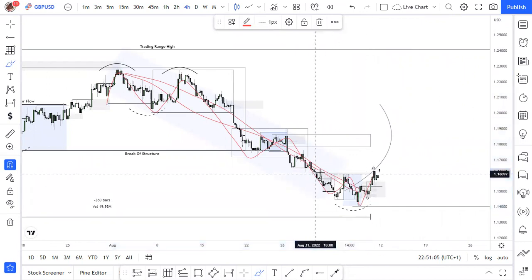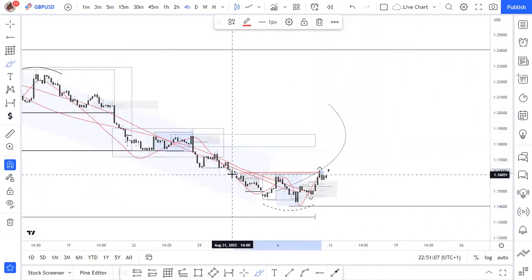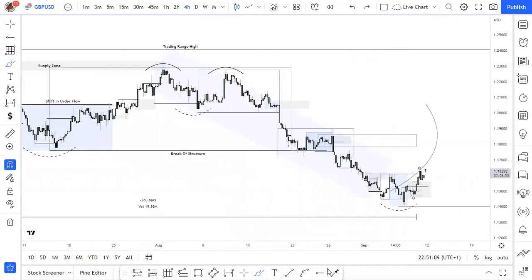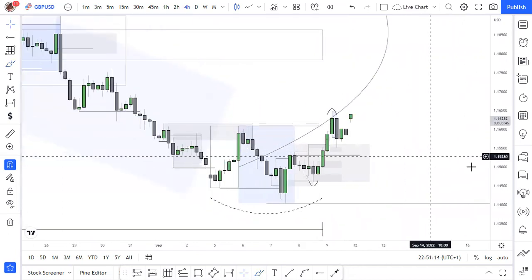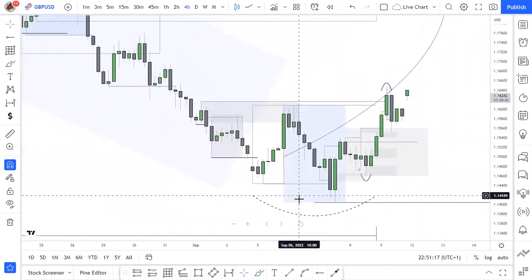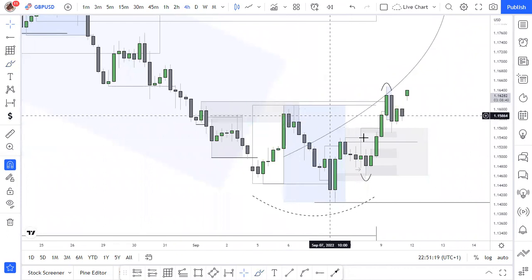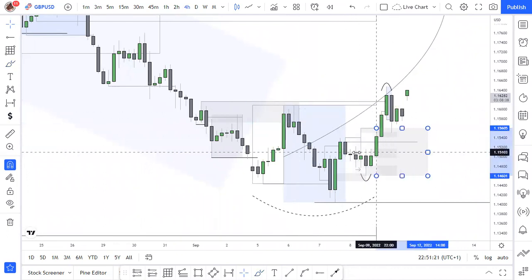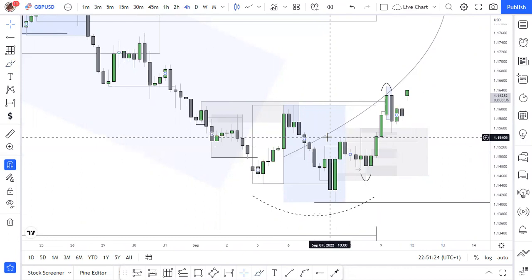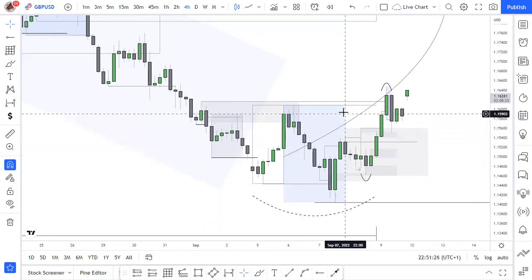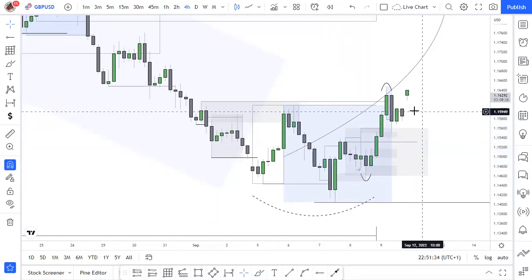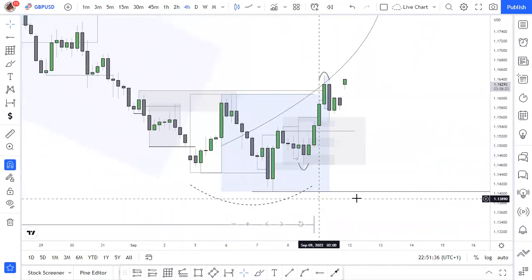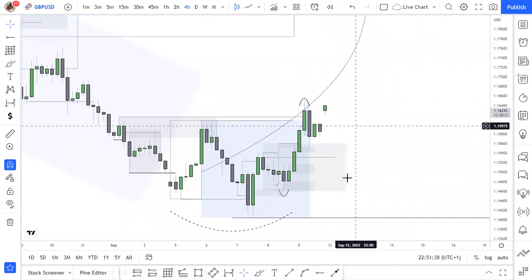So this is our break of structure here. This was the daily high, that daily shift in order flow. We want to see price pull back into this range and then maybe continue up.